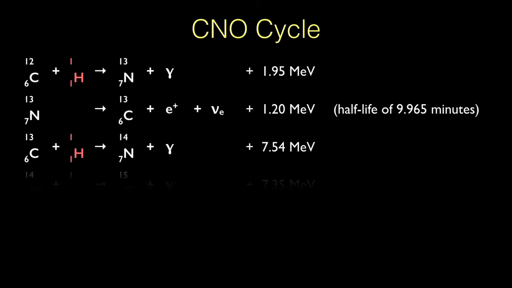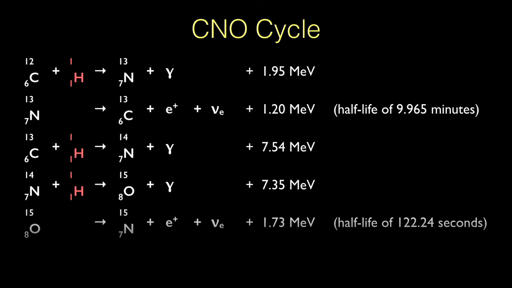Take that nitrogen-14, it's going to go on for a while here. Take that nitrogen-14 atom, we're going to smash a hydrogen atom into it, and produce oxygen, oxygen-15. Take that oxygen-15 atom, it's radioactive, so it decays and produces energy.